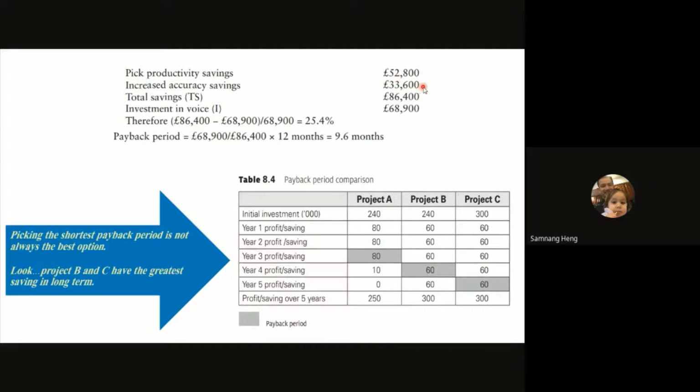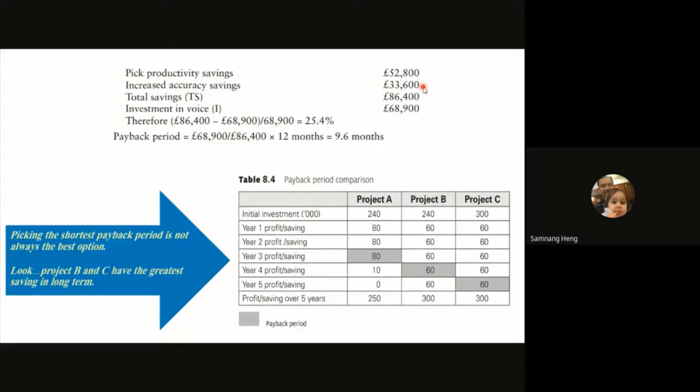So with voice recognition, the benefit is that it helps to increase accuracy. Because when people scan barcodes, they're human, they make some errors. And when they make errors, they might ship the wrong product to the customer, and the company has to return the shipping and do another shipping to send the right products to the customer, so it costs money.